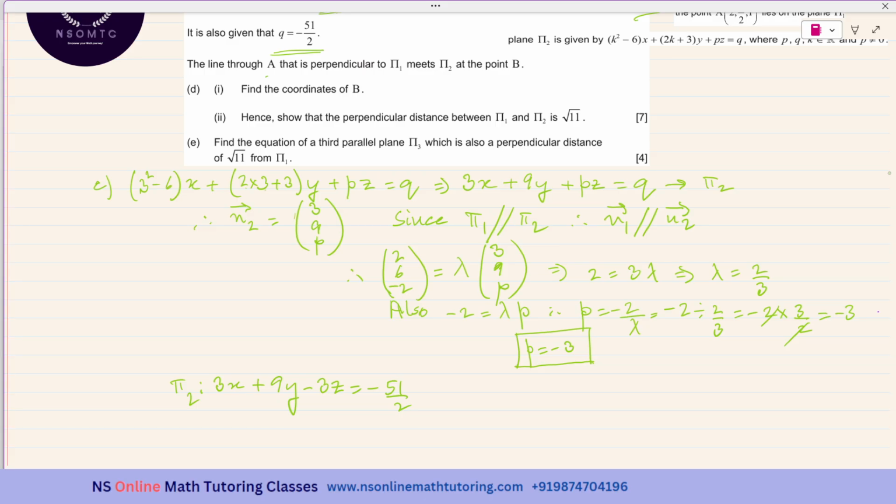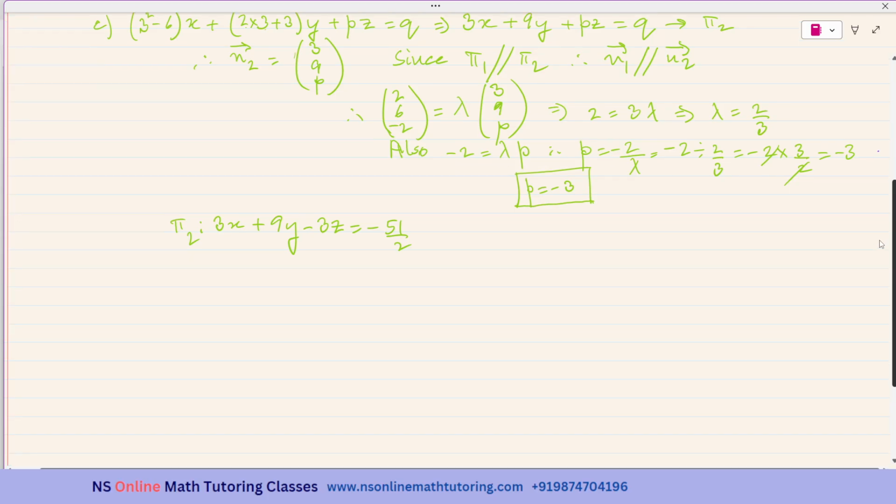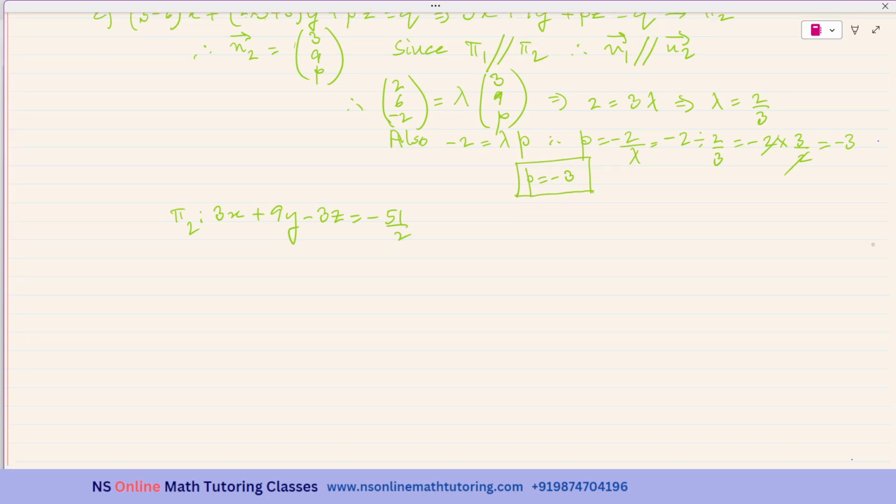The line through E that is perpendicular to pi 1 meets pi 2 at the point B. Okay. And pi 1 and pi 2 are parallel planes. So let me draw the planes.